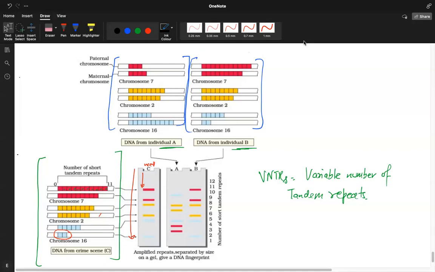But believe me, ranks and merits are decided on the basis of these chapters mostly, because mostly we all are good with animals, humans, their diseases, genetics, evolution. But then botany is one part which is boring, so we don't pay attention to it. Okay, I'm not interested in plants. Anyways, when I become a doctor, I will not be treating plants. You are right. But to become that, you have to qualify exams, right? That's the hard hitting truth.